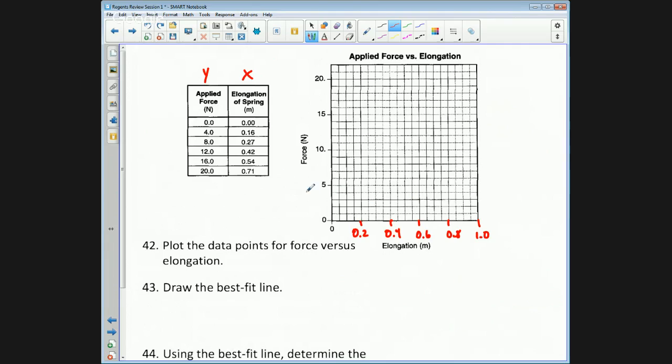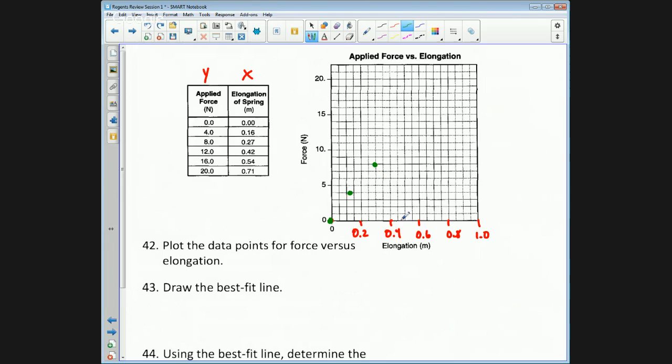Okay, so quickly plotting this, we have 0, 0 as 1 point. We have 0.16 and 4, so that's like here. 0.27 and 8, which is here.